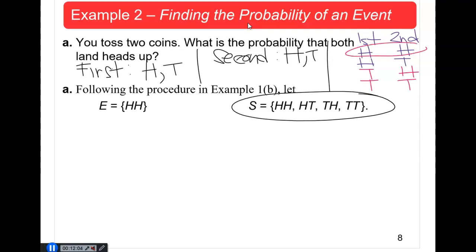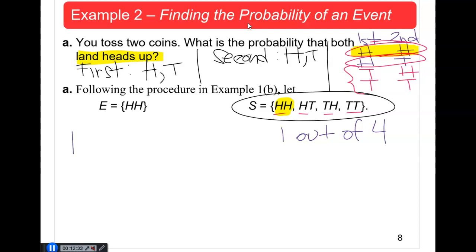From there is where we get those 4 pairs that you see here in the sample space. The question here is what is the probability that both land heads up? You can see that within the sample space, there is only one way that that could occur, and that is 1 out of 4 events in the sample space.